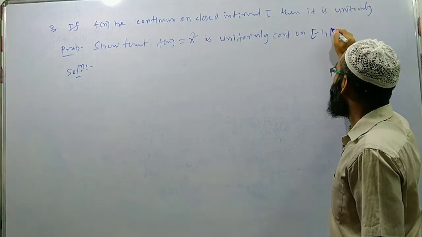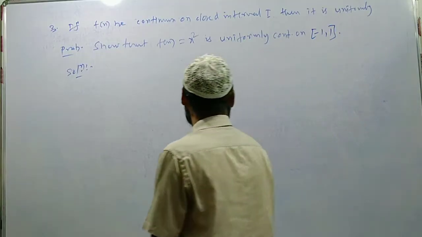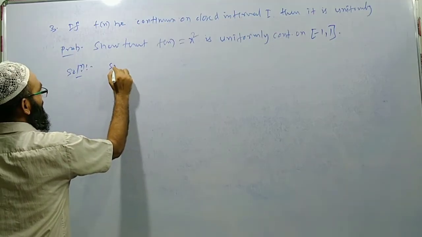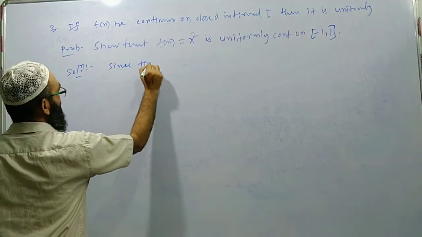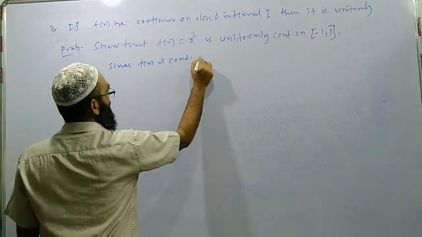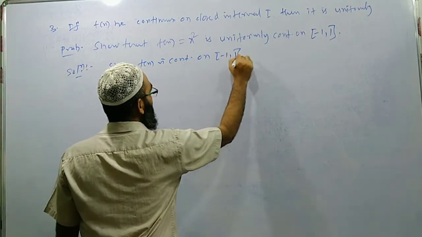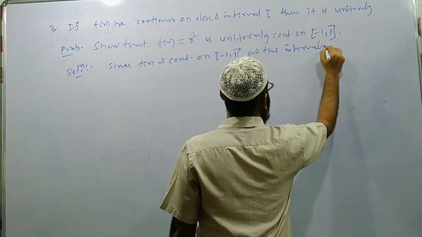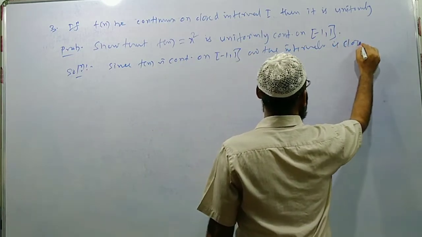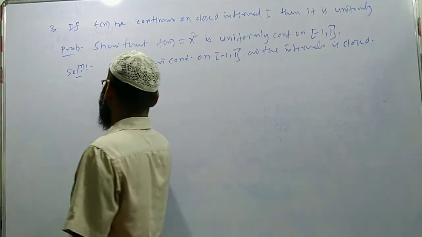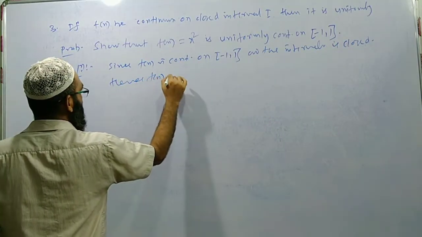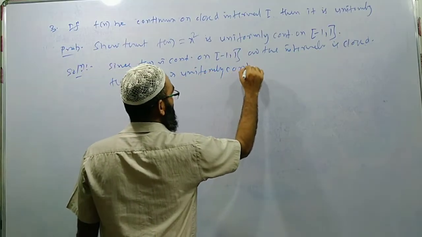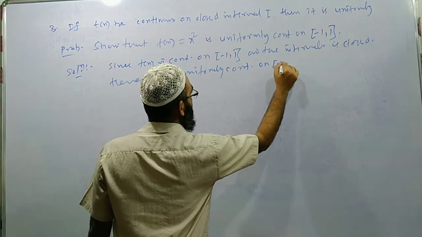We have to show that it is uniformly continuous on [-1, 1]. Since f(x) is continuous on [-1, 1] and the interval is closed, hence f(x) is uniformly continuous on [-1, 1].